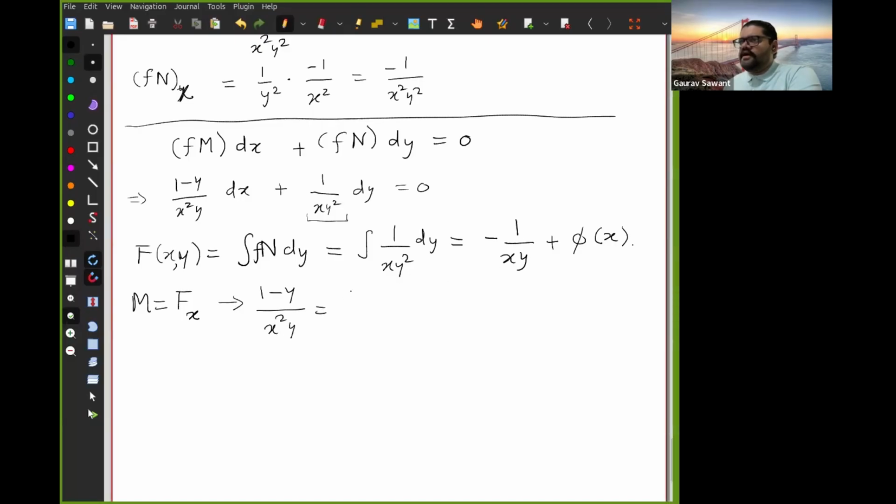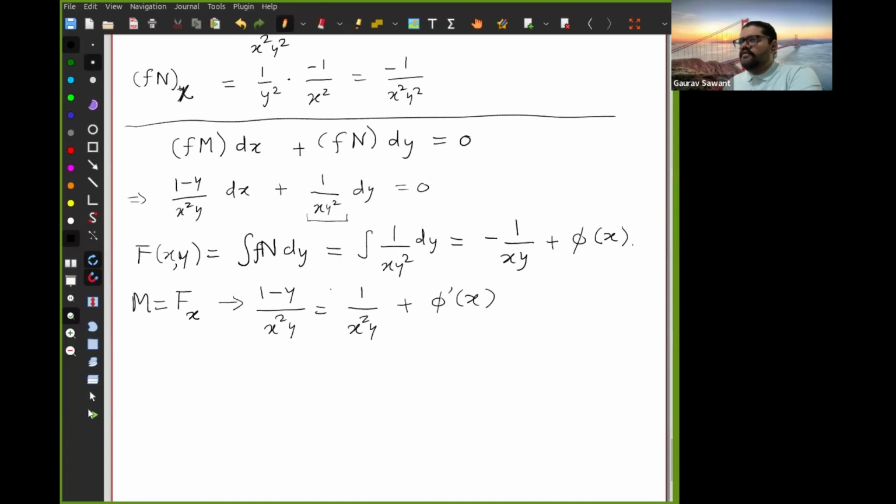So on this side, what do I get? I have the derivative of minus 1 over xy as 1 over x square y plus phi dash x.